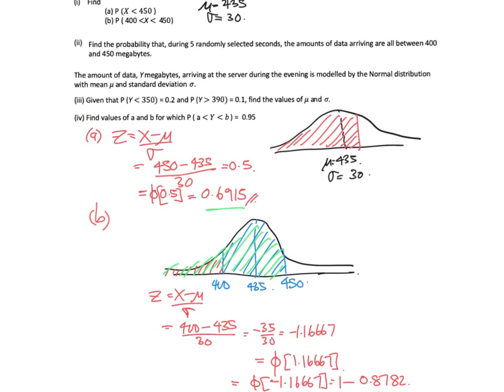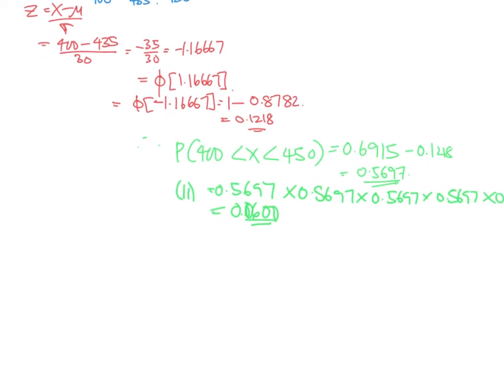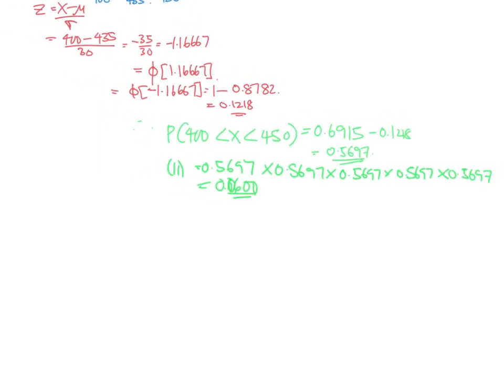Okay, let's look at part 3. The amount of data y megabytes arriving at a server during the evening is modeled by a normal distribution with mean mu and standard deviation sigma. Given that the probability of y less than 350 is 0.2 and the probability of y greater than 390 is 0.1, find the value of mu and sigma, the mean and the standard deviation.